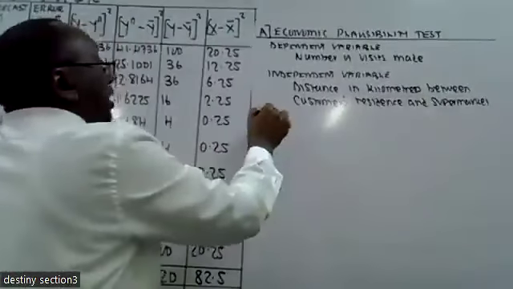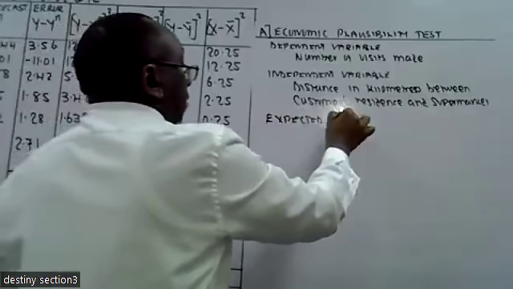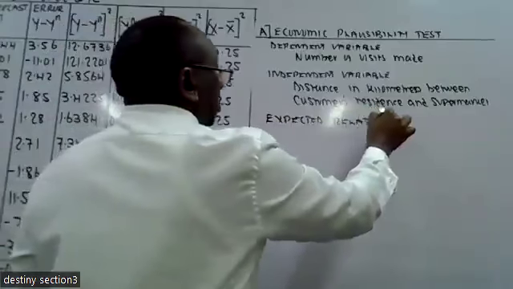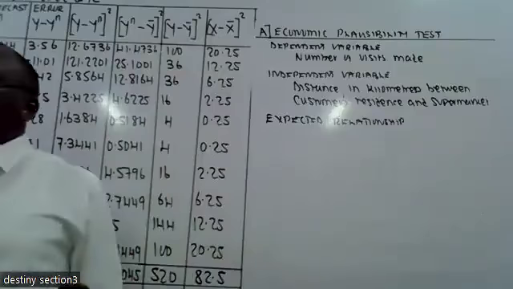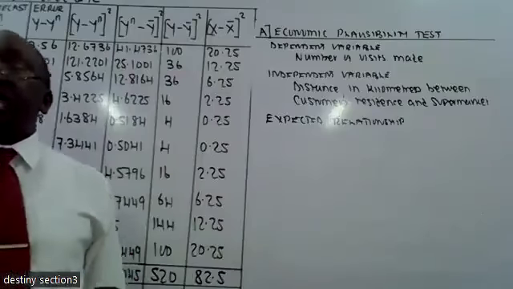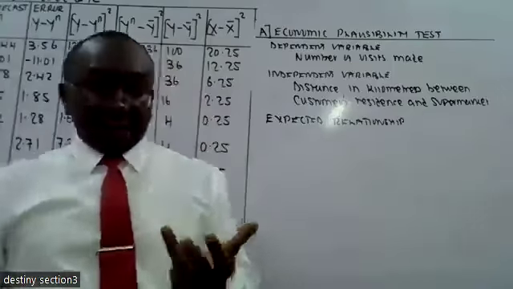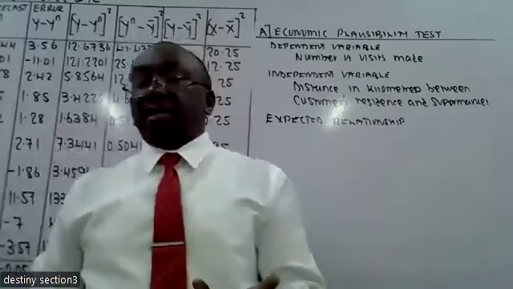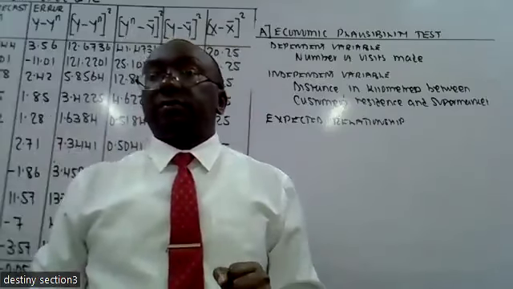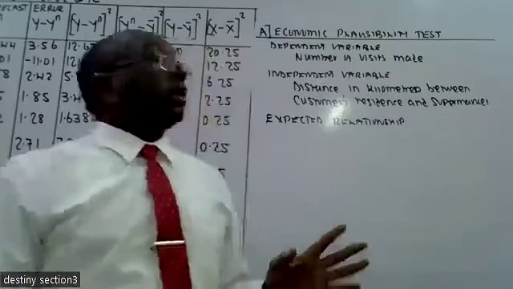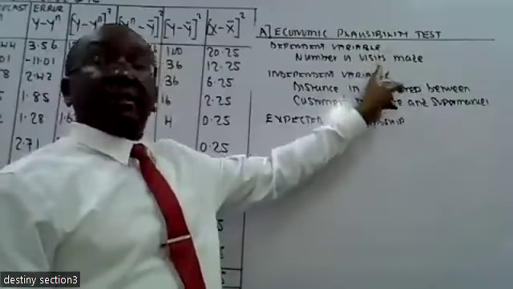The next thing you bring is what we call the expected relationship. What is it that you expect? Would you expect a direct relationship, an inverse relationship, or a null relationship? Direct means the more the kilometers, the more the visits.